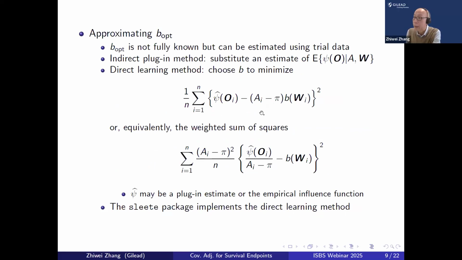It turns out this expression can be rewritten as a weighted sum of squares, where we think of this term as a weight and this term here as a response variable. The point is that this formulation allows us to apply any learning algorithm that can minimize a weighted sum of squares. So that gives us a lot of opportunities in terms of how to optimize the augmentation function.